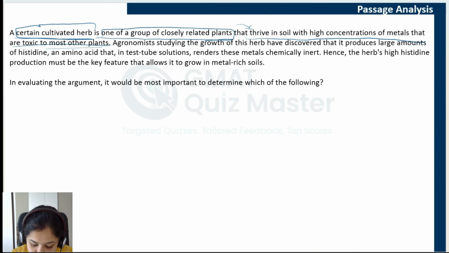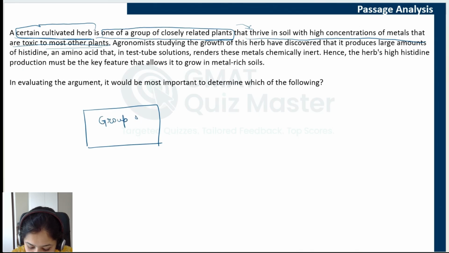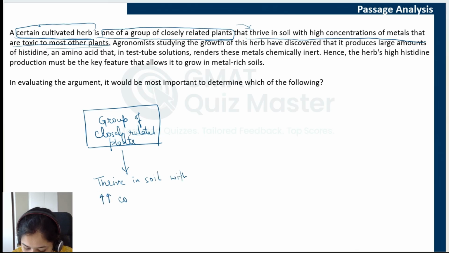So, let's take a note of it. Let's say this is this group of closely related plants. And what do we know about them? They thrive in soil with high concentration of metals.